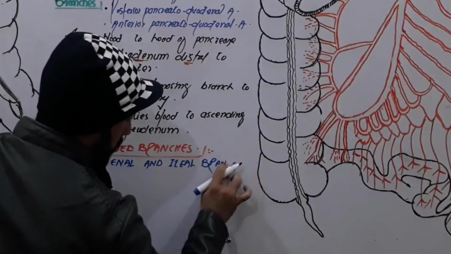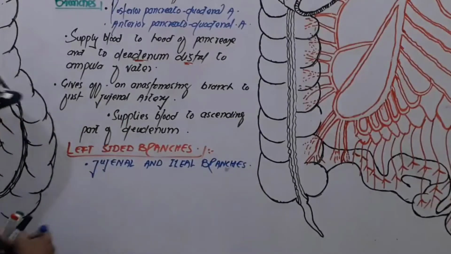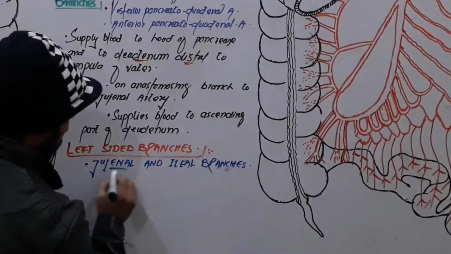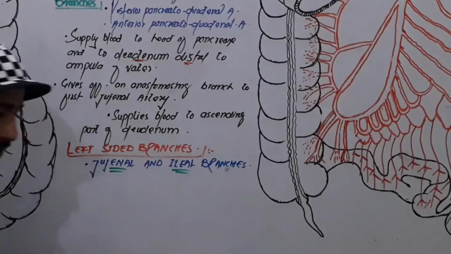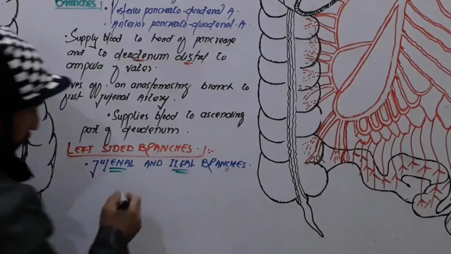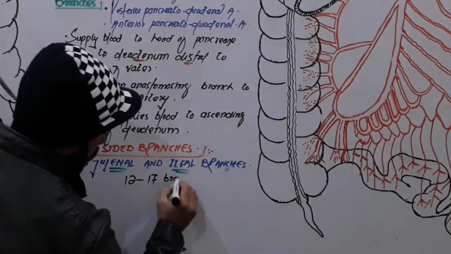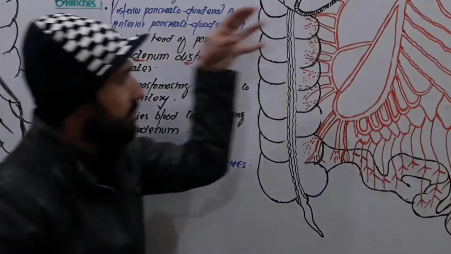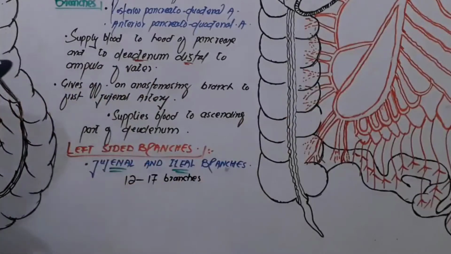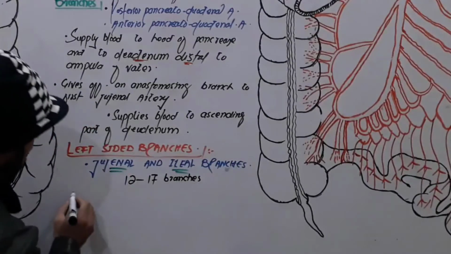How many branches are these? These are about 12 to 15, or some books say 12 to 17 or 18 branches. So we say that 12 to 17 branches arise from the superior mesenteric artery on the left side.